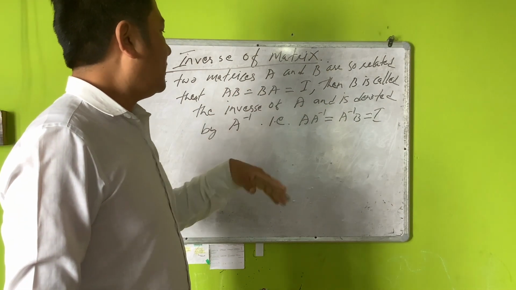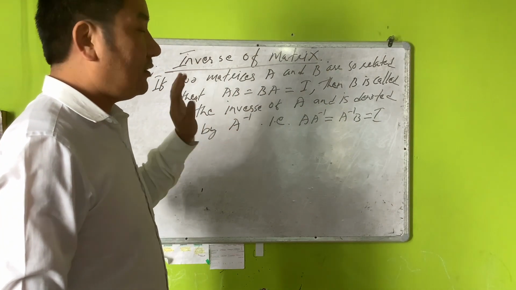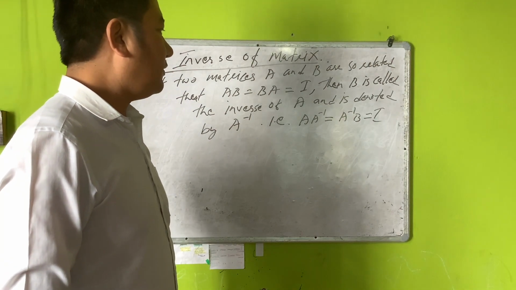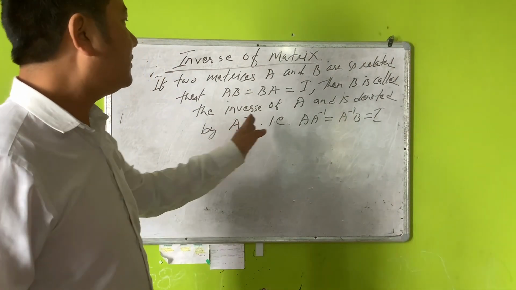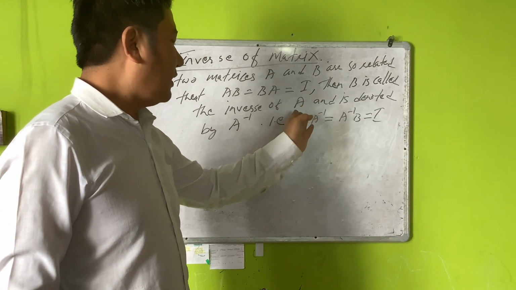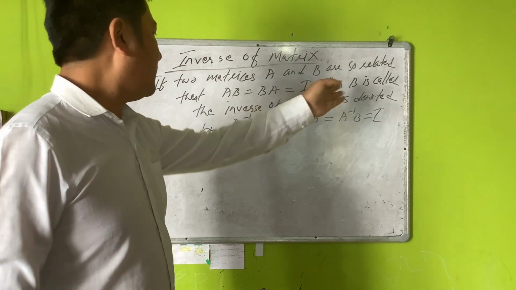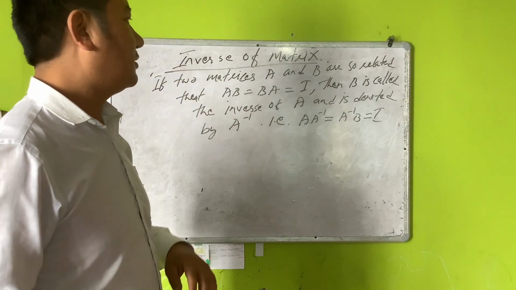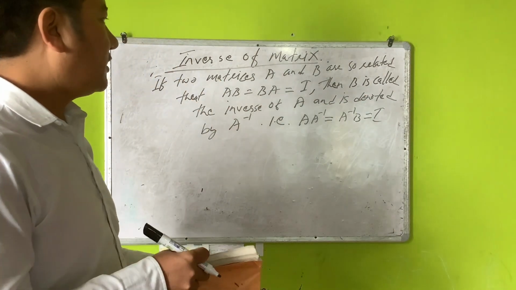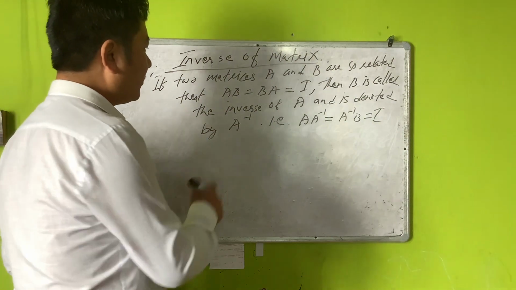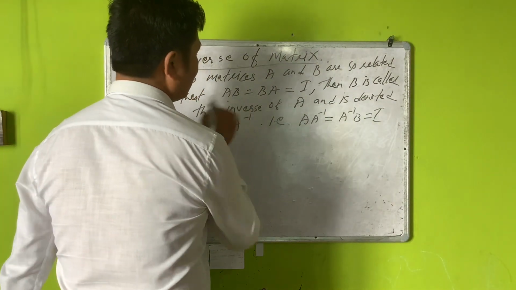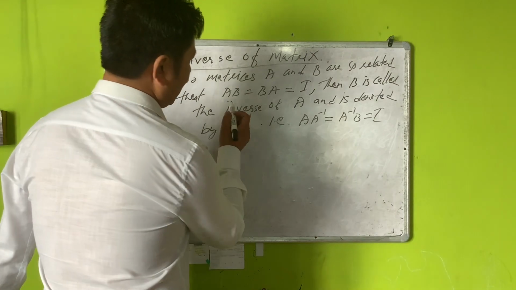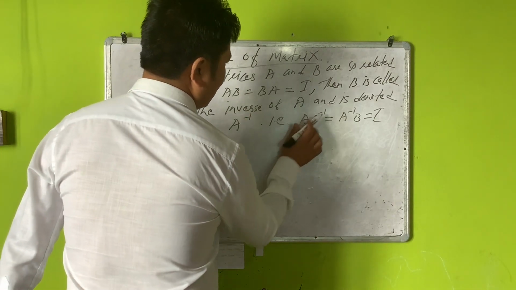In that case, B is called the inverse of A. Okay, so if this thing happens, then B is called inverse of A and is denoted by A inverse. In that case we can denote B by A inverse.